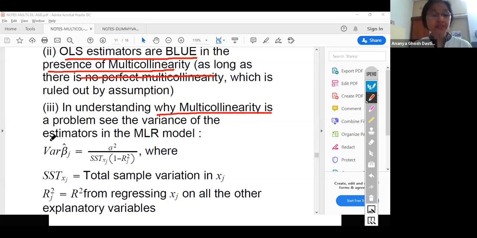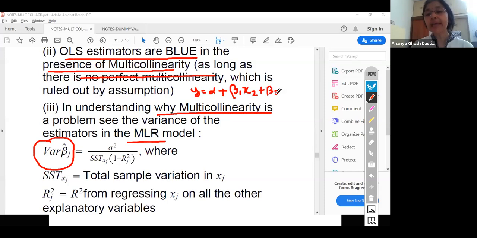Look at the variance of your beta hat j in a multiple linear regression model. So what is my model? My model is y equals alpha plus beta 1 x1 plus beta 2 x2, and so on.